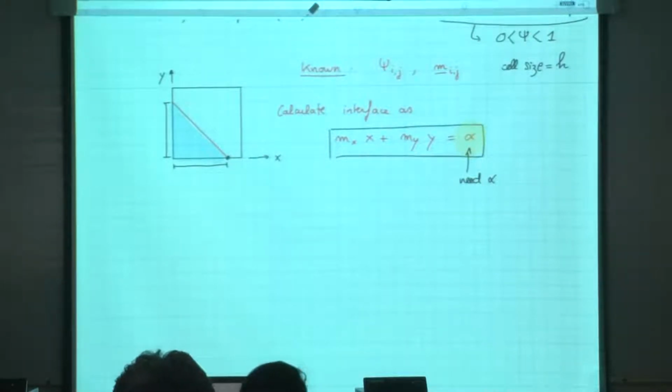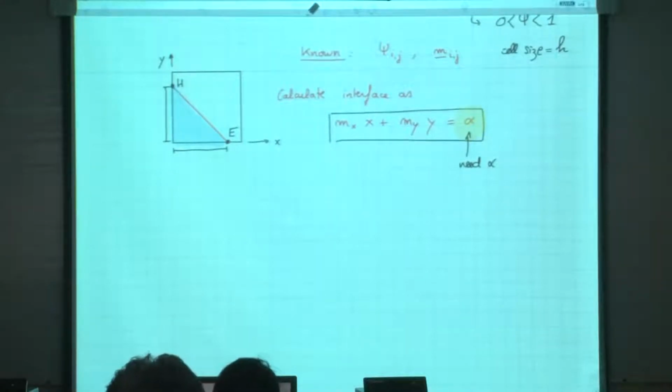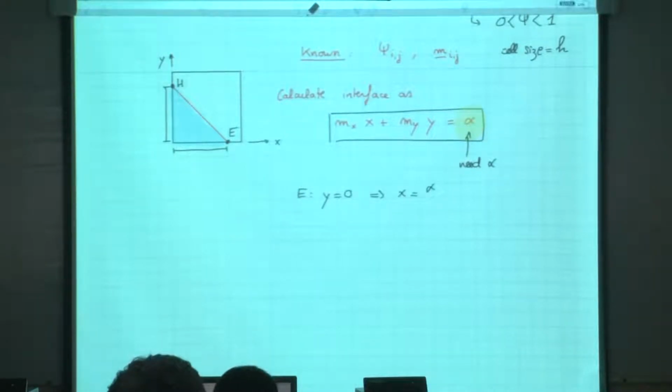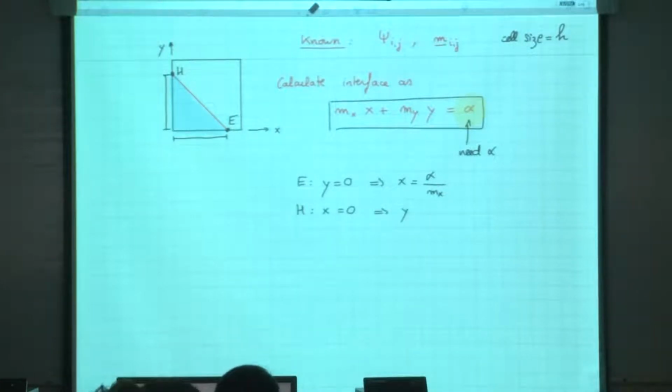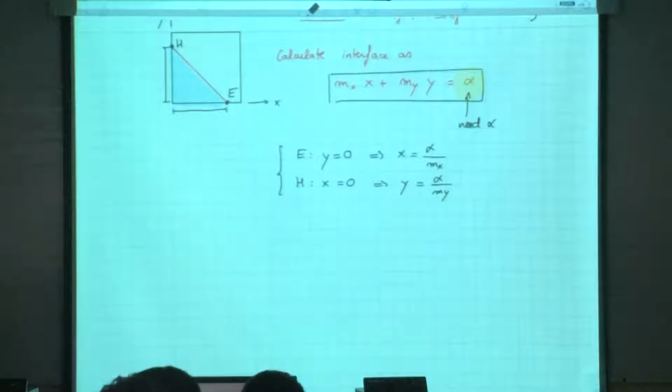So if I define that point as point E and that point as point H, then I can easily find the coordinate of point E, which will be governed by y is equal to 0, and the fact that we belong in the plane, that means I can obtain the corresponding x as being equal to alpha over mx. Similarly, if I want to know where H is located, I just set x is equal to 0 in my plane equation, and I conclude that my y is equal to alpha over my. So, not too complicated. I've made some assumptions though, and we'll clarify that in a second.